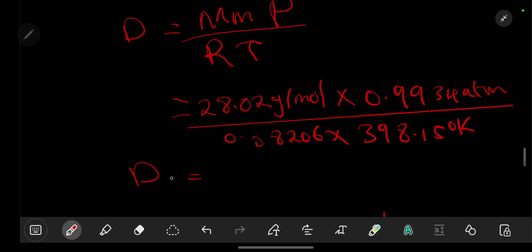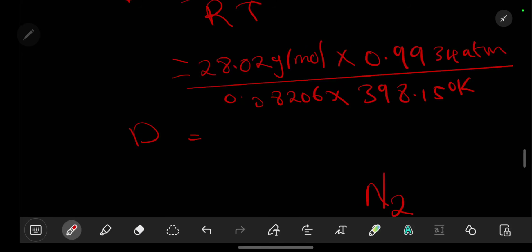So our density in this case shall be equal to, when we do our calculation, we multiply on top. On top we have 27.835. We divide this value over 0.08206 times 398.15.